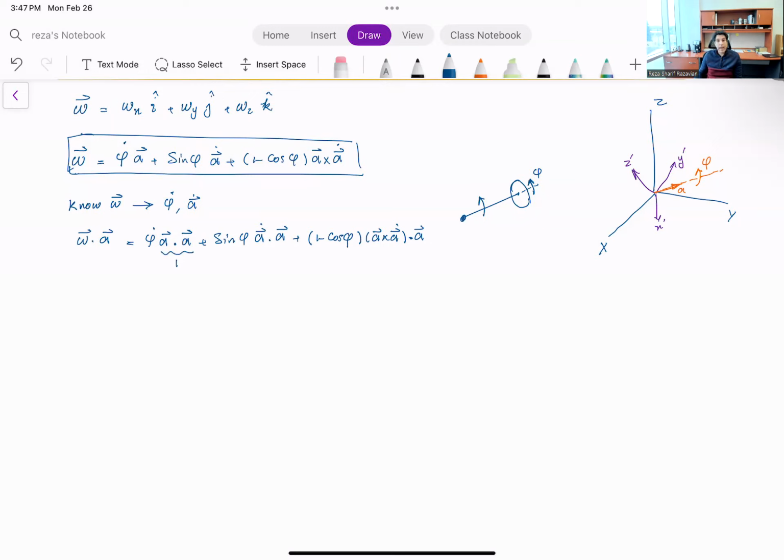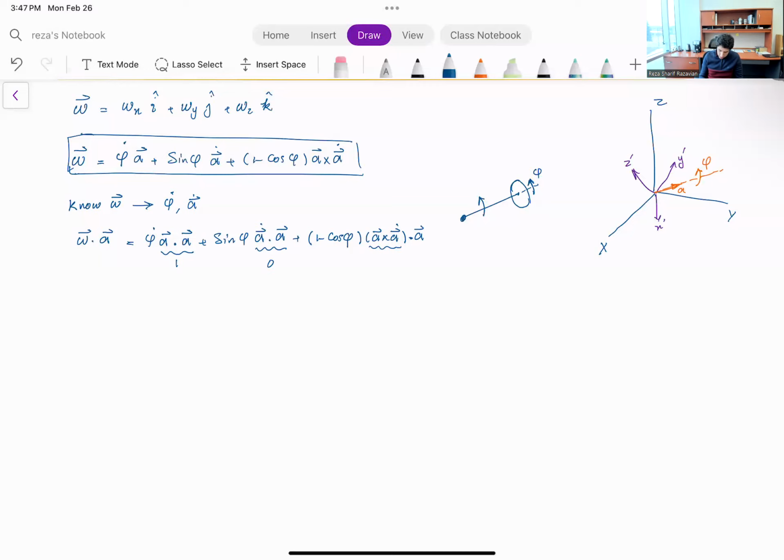So something to note here, this is identity 1, because remember, A is a unit vector. Because A is a unit vector, A dot is actually always perpendicular to A. So this is 0. And this one is by definition perpendicular to A and also A dot.